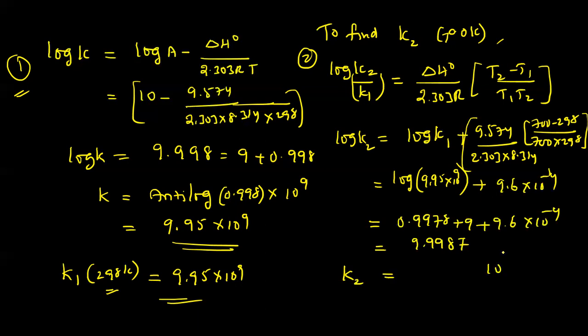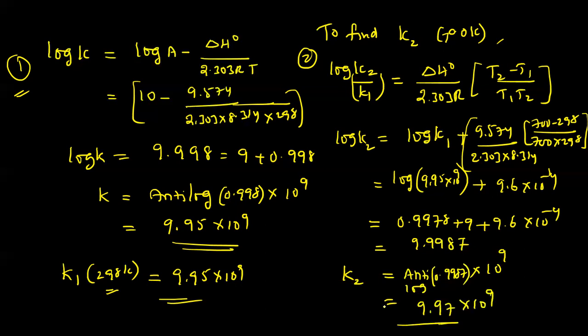This is 10 power 9. Taking the anti-log of 0.9987, I got 9.97 into 10 to the power of 9.